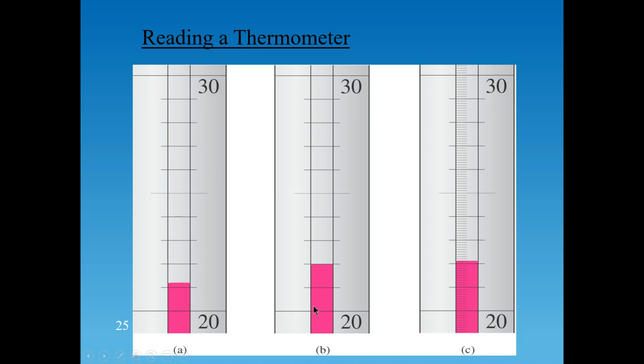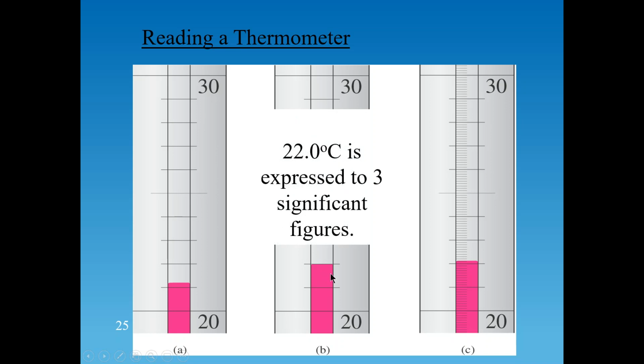So therefore, we would record the temperature here as being equal to 22.0, because it seems as if the mercury level is exactly on the 22 mark, right? So the temperature being represented here would be 22.0, all right? And again, it would be 3 significant figures being represented here, all right?